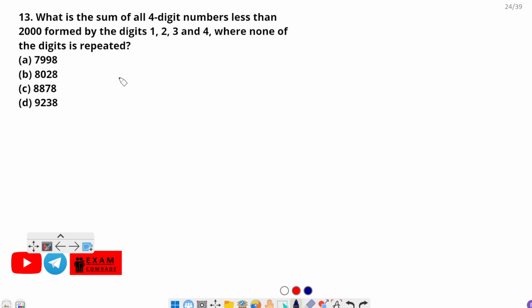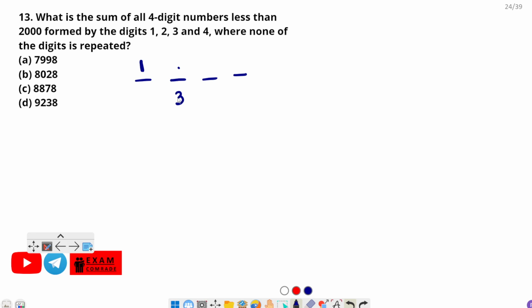In this question, we need to find the sum of numbers which are less than 2000 and formed by 1, 2, 3 and 4. There are 4 digits. The thousands digit is fixed because all should be less than 2000, so we cannot take anything other than 1. For the next place we have 3 options.